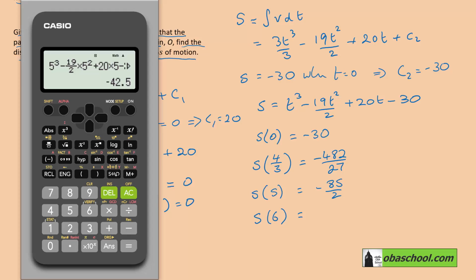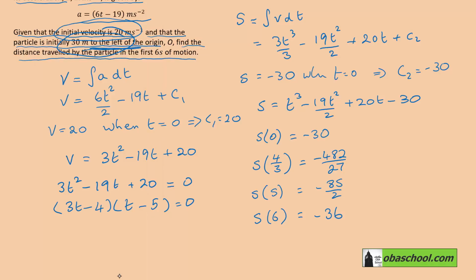And then s of 6, which is going to be 6 cubed, take away 19 over 2 times 6 squared, add 20 times 6, take 30, which is negative 36.